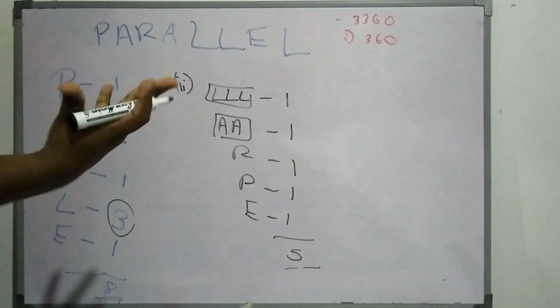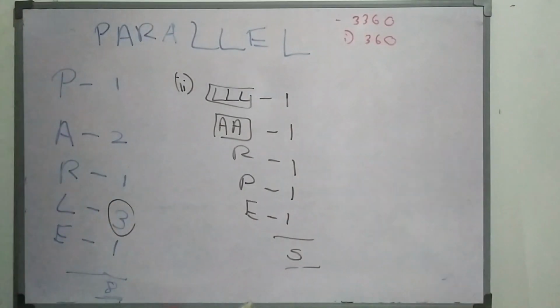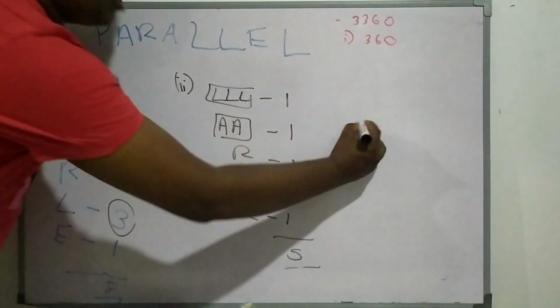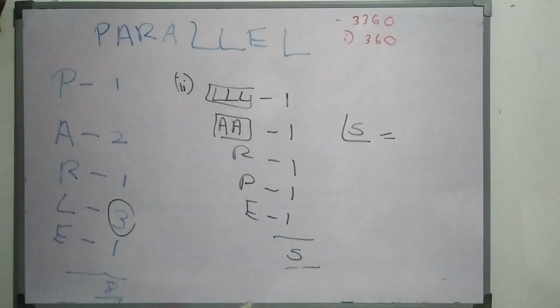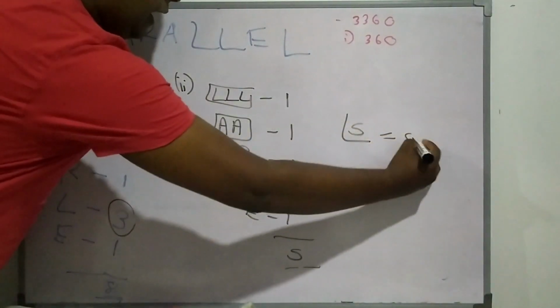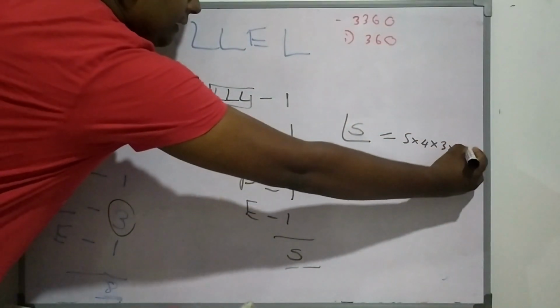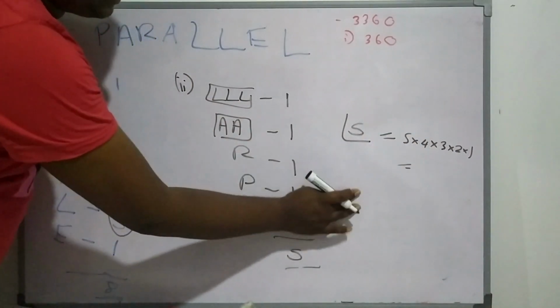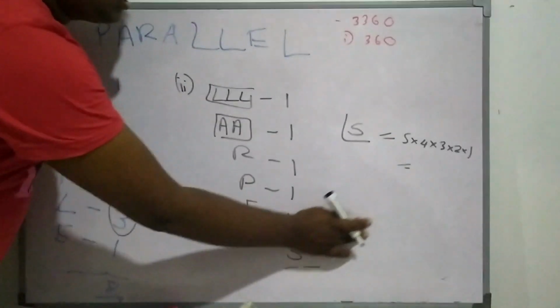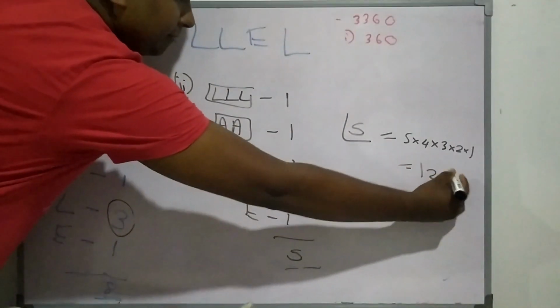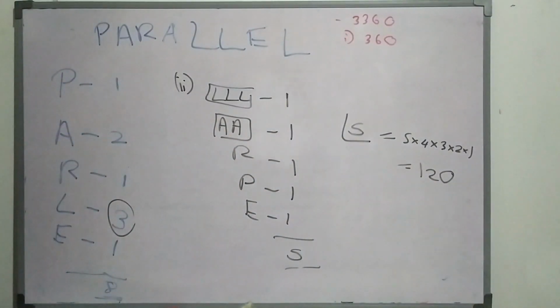All are 5, right? So with all L's and A's together, here we have 5, then the answer should be factorial 5. It's 5, 4, 3, 2, 1, which is 120, right? This is the answer of the second row number.